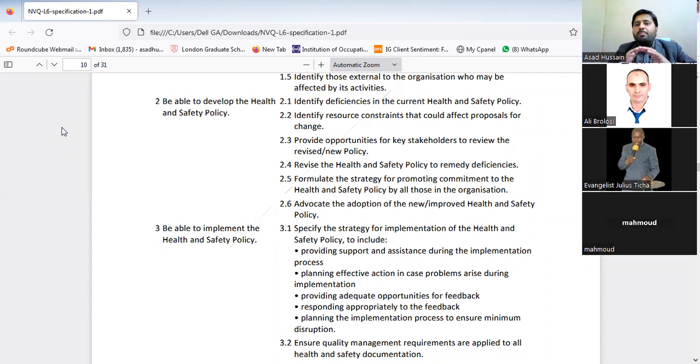You will perform some management review meetings. For example, you have adopted this one and some of the guys are still not getting the idea of the improved health and safety policy. So the easy thing is to just sit there and have a review meeting. In that review meeting, you will discuss that before we were doing this and we were facing such problems.